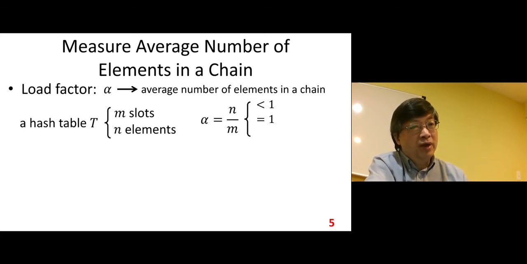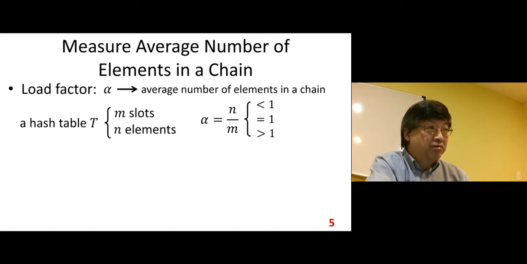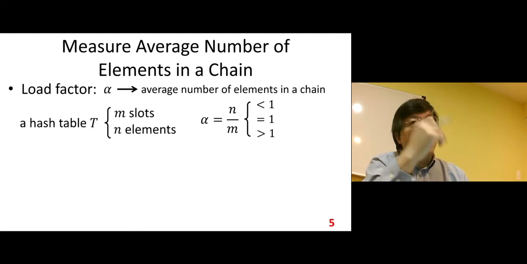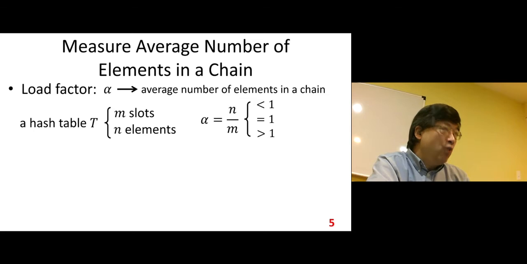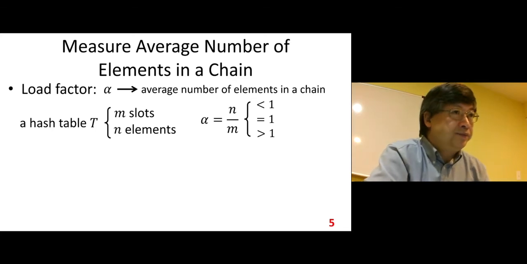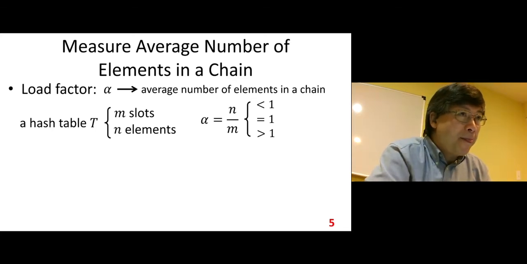It could be greater than 1 because you have more data items than the number of slots. In that situation, on average, each slot needs to have more than 1 data item. So all could happen.